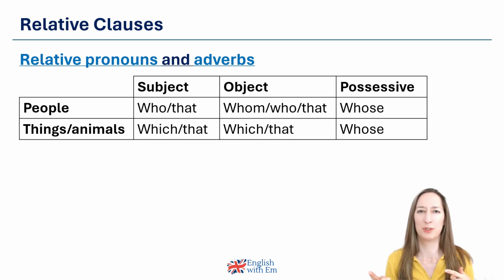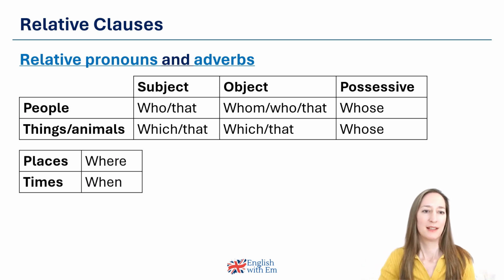For possessive forms, we use whose. For things or animals, we use which or that for the subject, and also which or that for the object. And whose is also the possessive form. For places, we use where, and for times, we use when.